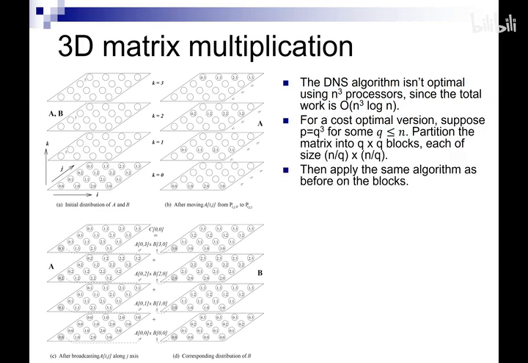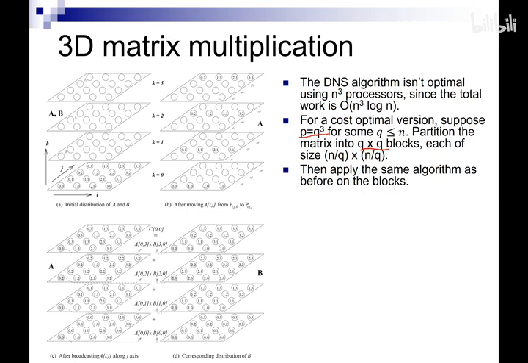So to make this more efficient, instead of having each processor process one value, you can have it process a block of values. So we're going to divide the matrix into q by q blocks, where q is going to be the cube root of p.